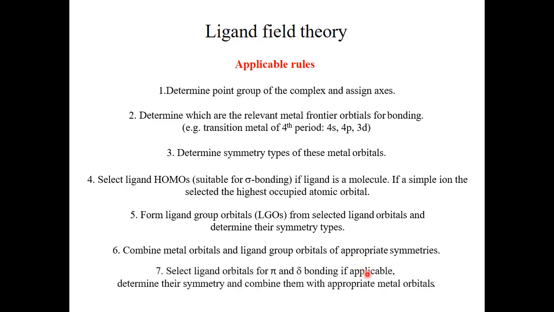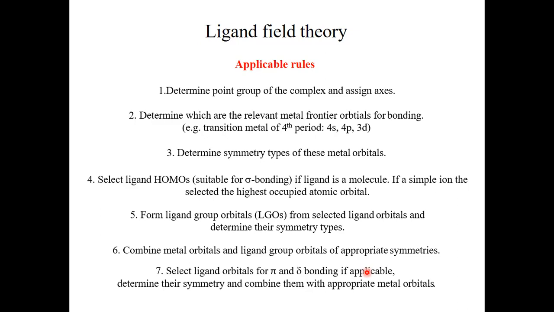If that is so, you again determine the symmetry types and combine them with metal frontier orbitals of the same symmetry type. After that, you can even go back again and see if there are more molecular orbitals suitable for delta bonding. If so, you again determine the symmetry types and then make delta bonds with the metal complex.